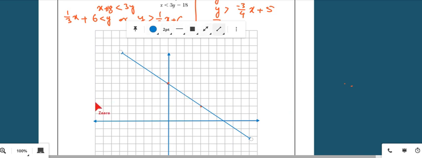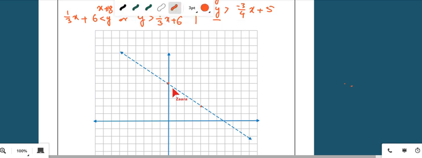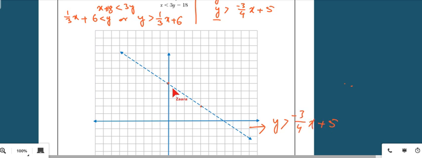Okay, now look here. We are having a dashed line. Why? Because it was a strict inequality. So this is the equation of y is greater than negative 3 by 4x plus 5. Now let's take the test point.